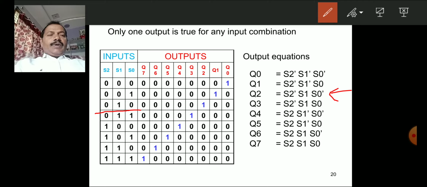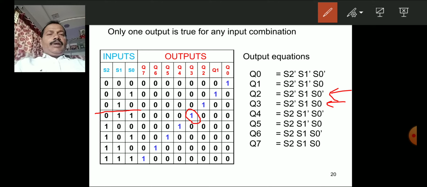Similarly Q3, 0 1 1, means S2 bar, S1, S0.